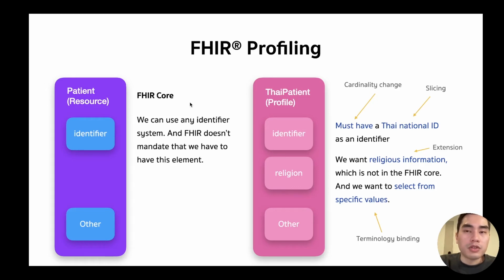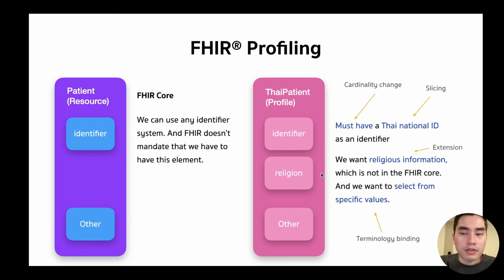When we want to use FHIR in our context, maybe we want to create a Thai patient profile, and we want to configure the identifier element and add the religion element. We want the identifier to be a Thai national ID, and we want it to be a required element, so we can make it like that.